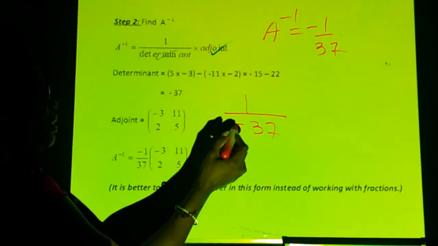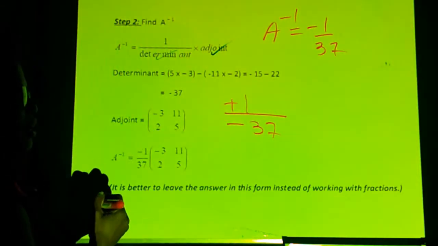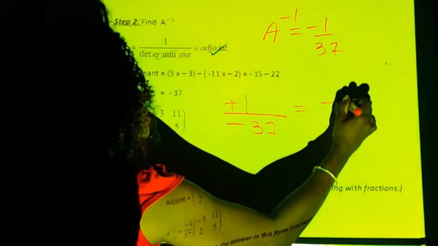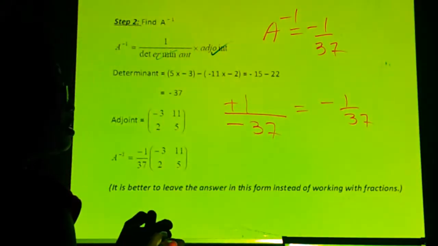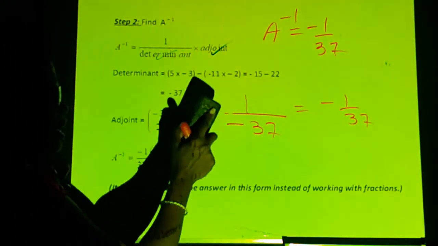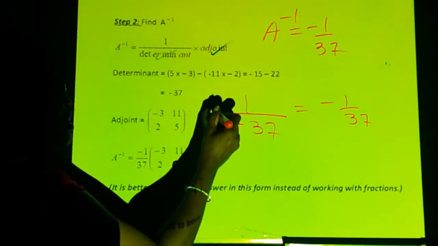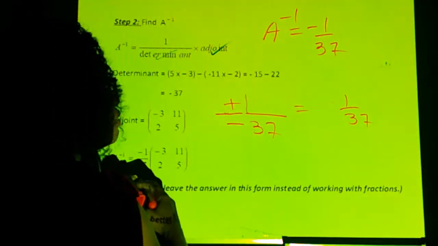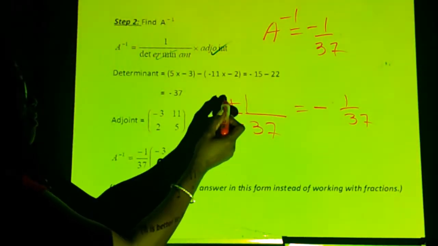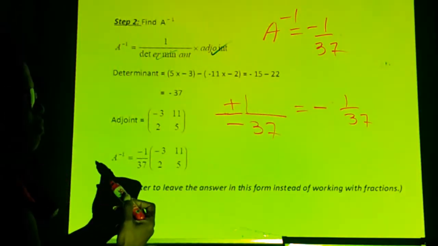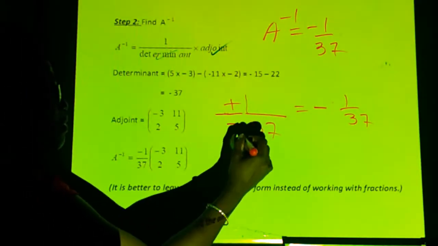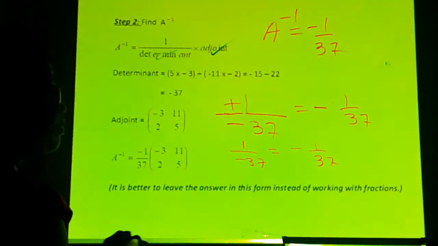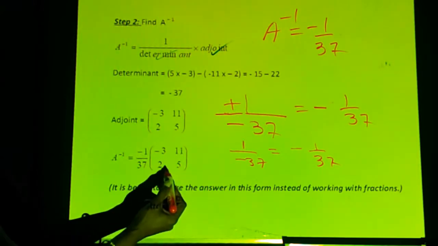Because negative divided by a positive is equal to a negative. So the whole fraction is negative. So if I have a negative in the denominator, I can simplify to give the whole fraction a negative value, because a negative divided by a positive is a negative. So 1 over negative 37 is the same as negative 1 over 37. You get that? Times the adjoint.